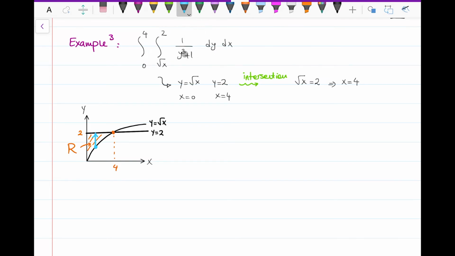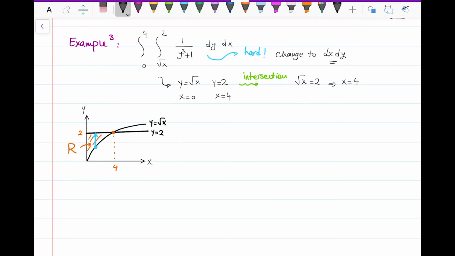Now let's start and solve the inner integral. To solve the inner integral, I see that I have 1 over y cubed plus 1 and then dy. As you see, it's hard to find, right? So this is hard. How can we solve this type of integral if the integral with respect to y is hard? We need to change to dx dy.